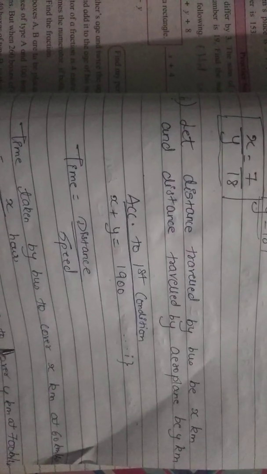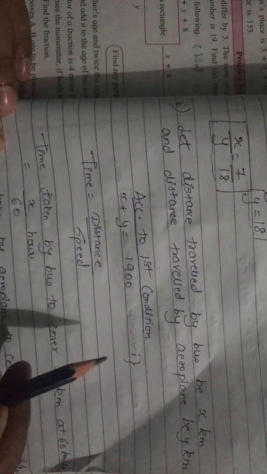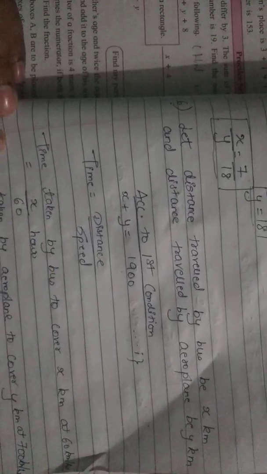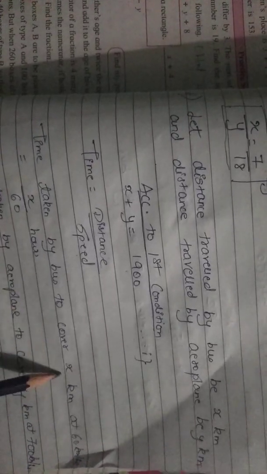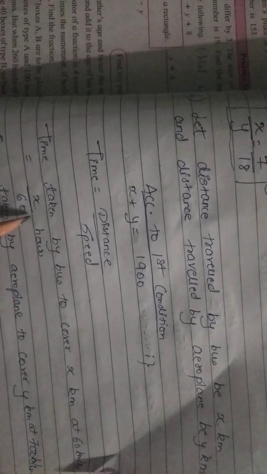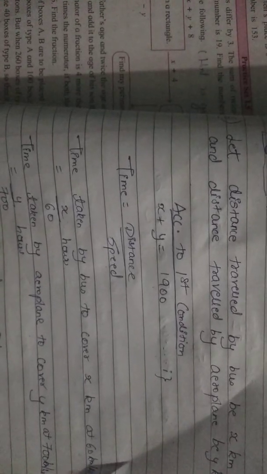Okay, we know the formula, distance equals speed into time, but time equals distance upon speed. The time taken by the bus to cover x kilometers at 60 kilometers per hour equals x upon 60 hours, and for the aeroplane at 700 kilometers per hour, y upon 700 hours.